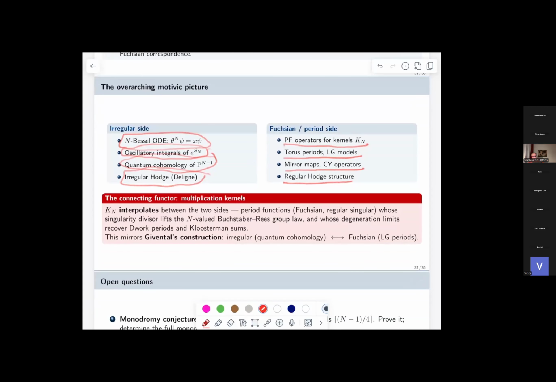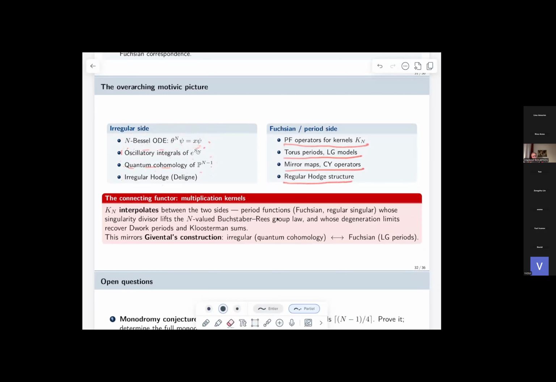Yeah, but it's not clear, at least. For example, let's take the last line, irregular Hodge structure. I know what it is, but what does it have to do with multiplication kernels? Do they satisfy irregular Hodge structure in what sense? In an abstract sense, in a particular example, or what?